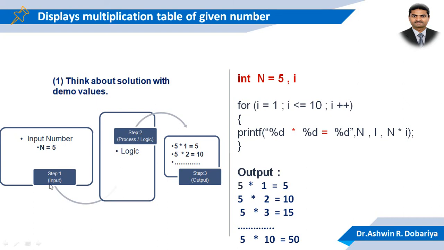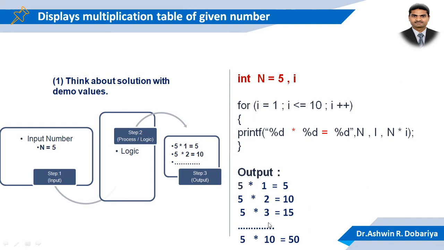First of all, we have to think about the total number of variables required in this program. Here we require one input variable, that is n. Just for your understanding I have initialized 5, but in Turbo C that number will be asked from the user, right? And whatever number is entered by the user, the multiplication table will be displayed accordingly.